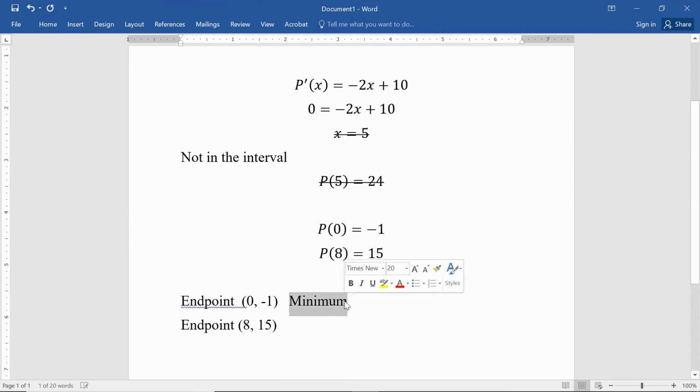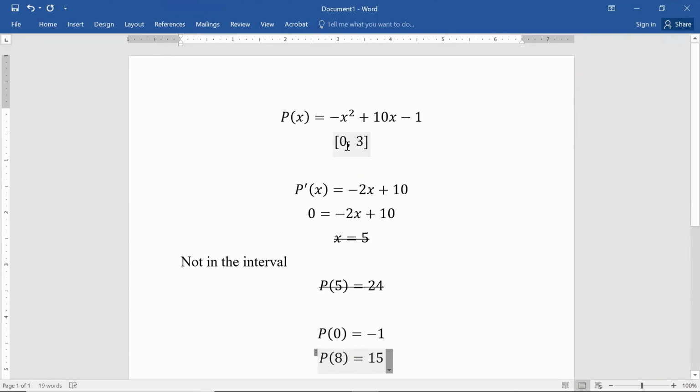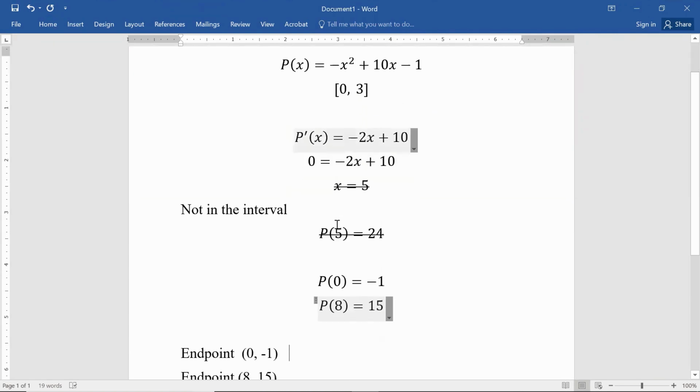Now, what's that leave me with? Well, that leaves me with the endpoints. If I plug in a 0, we already got a -1. If I plug in a 3, negative 3 squared plus 10 times 3 minus 1 gives an output of 20.